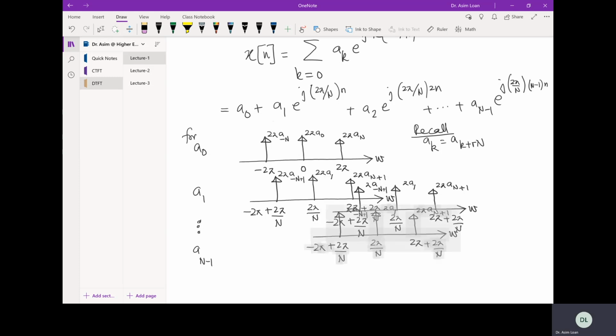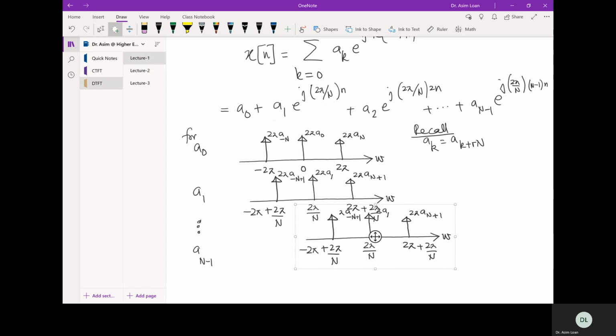So this one is going to be shifted. This is going to be shifted if it is a of n minus 1. So a of n minus 1 is probably going to be here, right? Here.